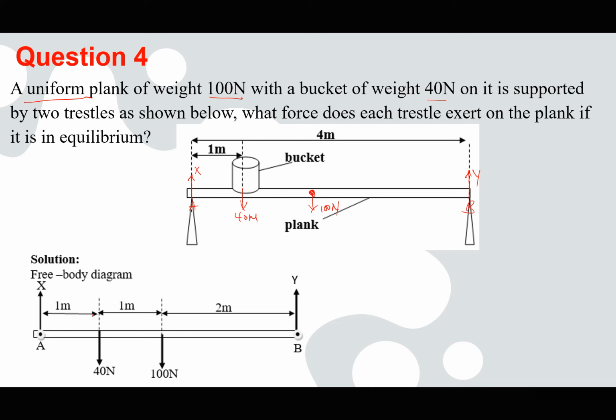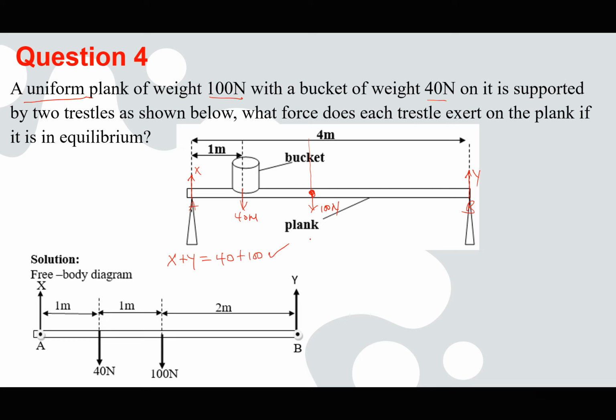So we have 1 meter, then the plank was of length 4 meters according to the diagram, and since it is uniform, this is at 2 meters, so the 100 newtons at 2 meters. So I have to choose somewhere to take moments. For the first condition, I have that X plus Y equals 40 plus 100.